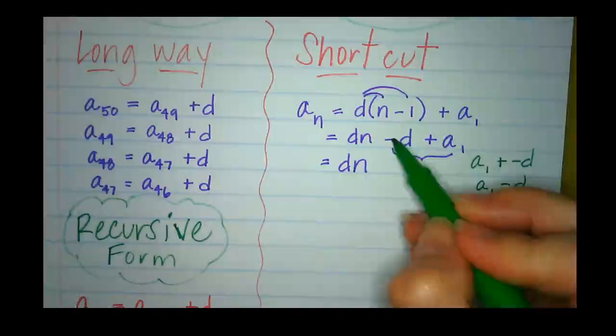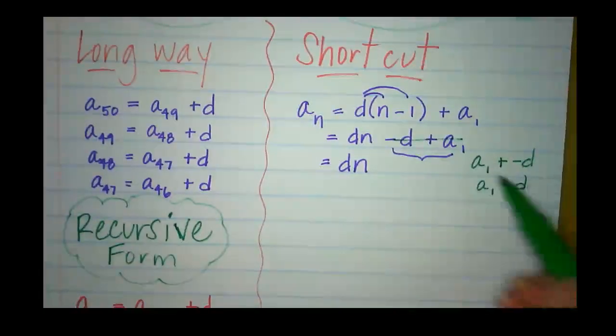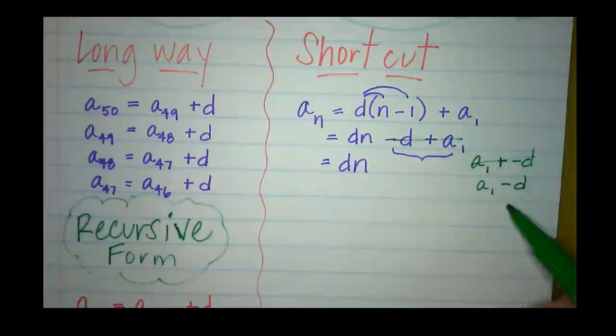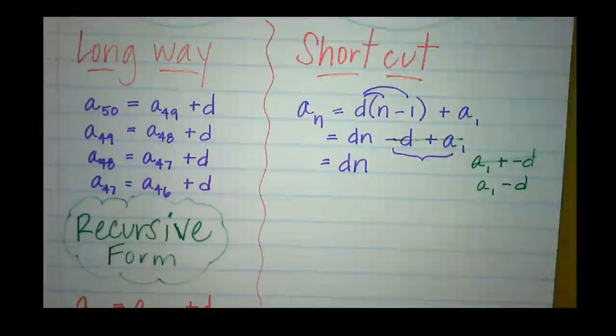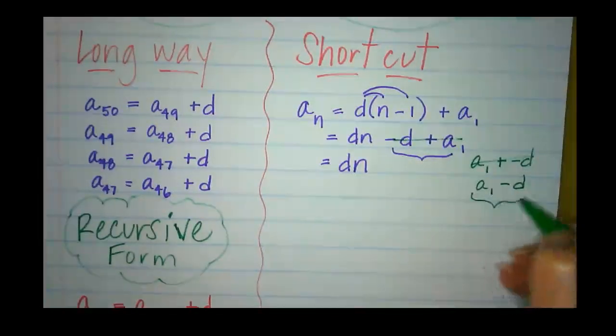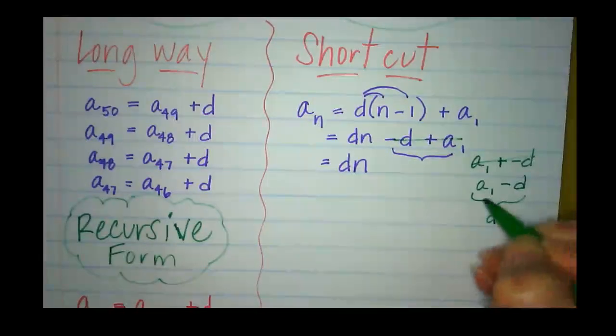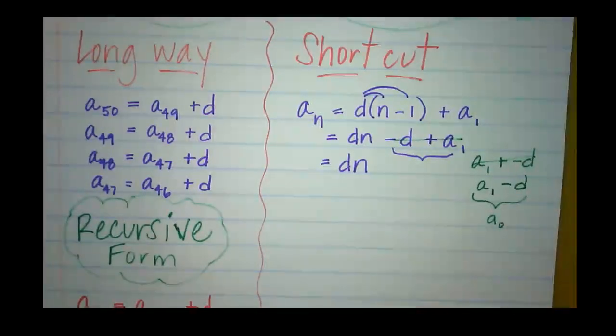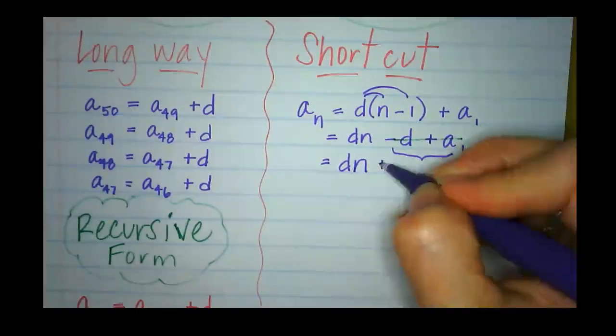So now what I want you to think about is if I took the first term and subtracted d from it, I'm going to end up with the term before the first term, which is known as the 0th term, which is weird and crazy, but that is what we call it.